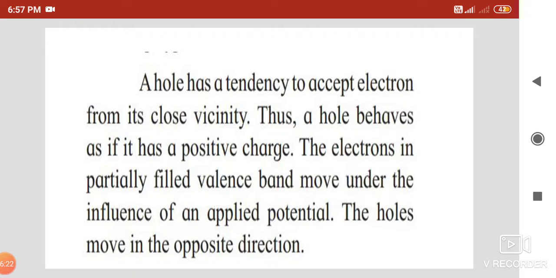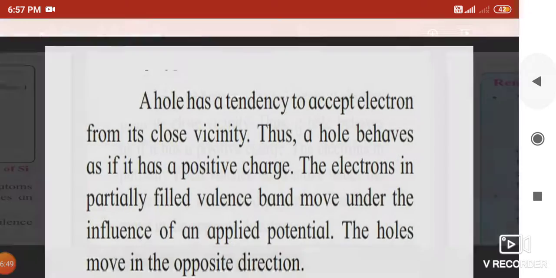Means when a potential difference is applied, the valence band, which is partially filled with electrons, has electrons that move under the influence of this applied potential, and the holes move in the opposite direction. So the holes and electrons move in opposite directions under the influence of applied potential.